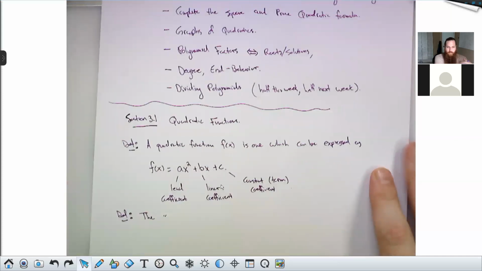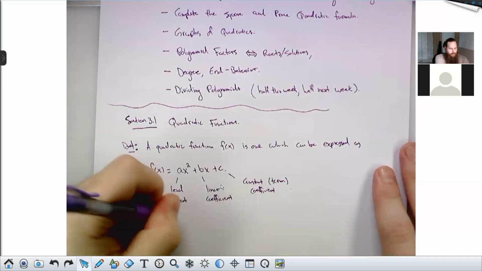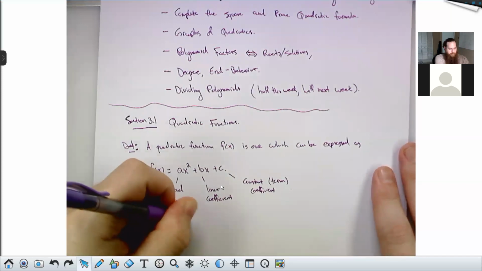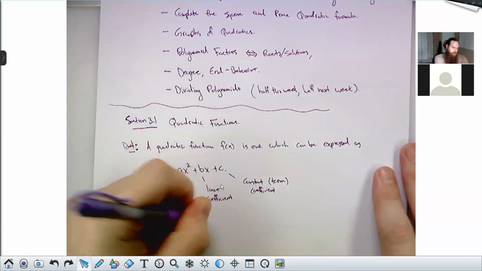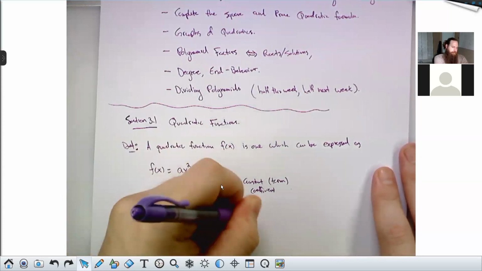And I'm going to use the language of the textbook here, even though it's not the normal language, the quote-unquote standard form. Other places call this vertex form.